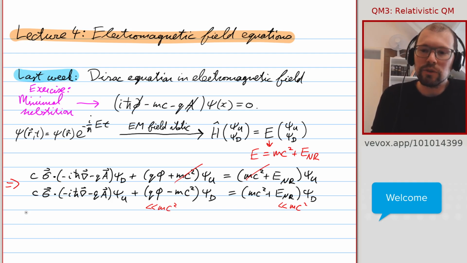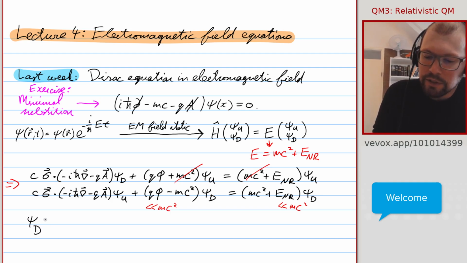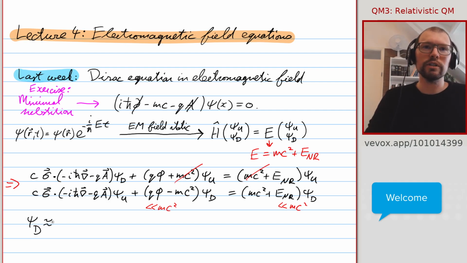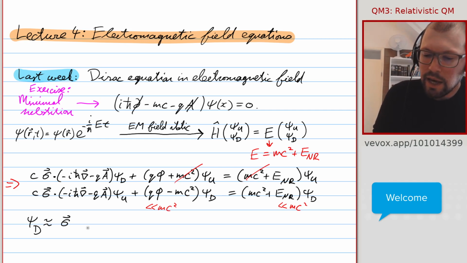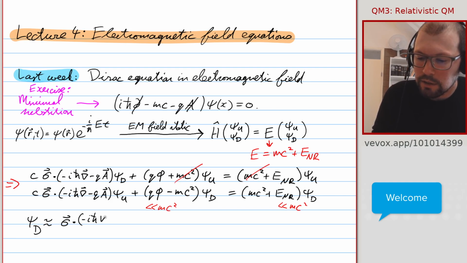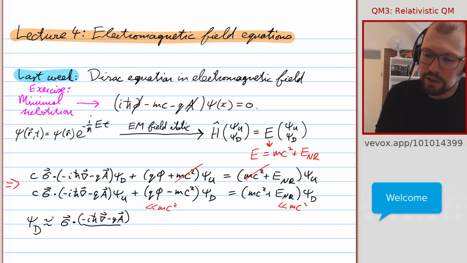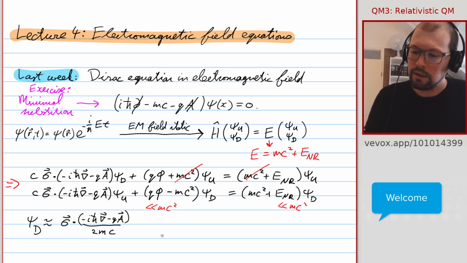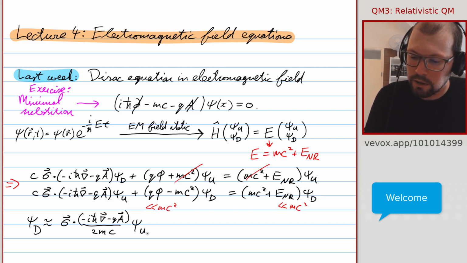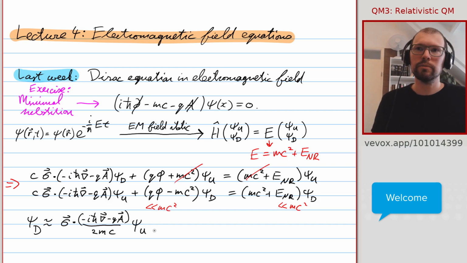So this means that we can solve this equation to leading order in this non-relativistic approximation as, in terms of the Pauli matrices, minus i h bar sigma dot nabla, divided by the 2mc squared. One of the c's is cancelled with that one, so I have a 2mc here, in terms of the upper component.